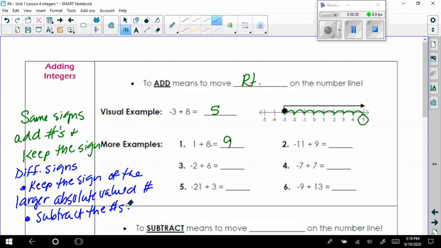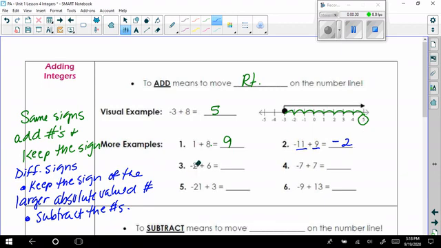So if I look at number 2, I have a negative 11 and a 9. Well, the absolute value of negative 11 is 11, and the absolute value of 9 is 9. So the 11 is a larger absolute valued number, so the sign is going to be negative. And the difference between an 11 and a 9 is 2, because 9, 10, 11.